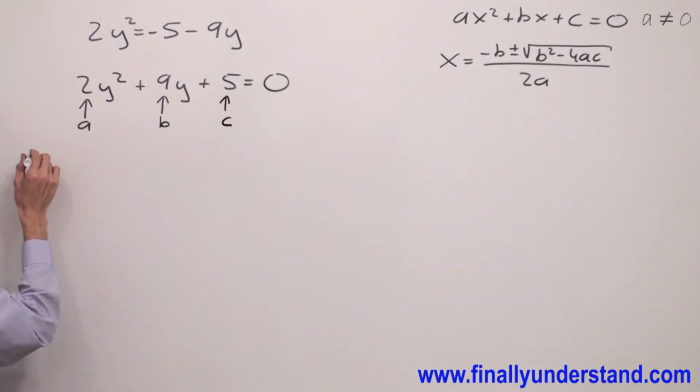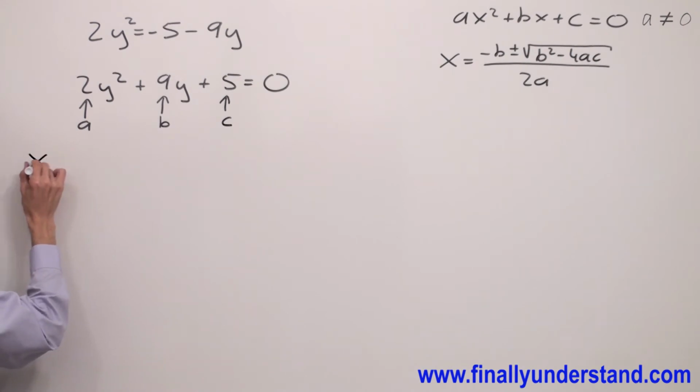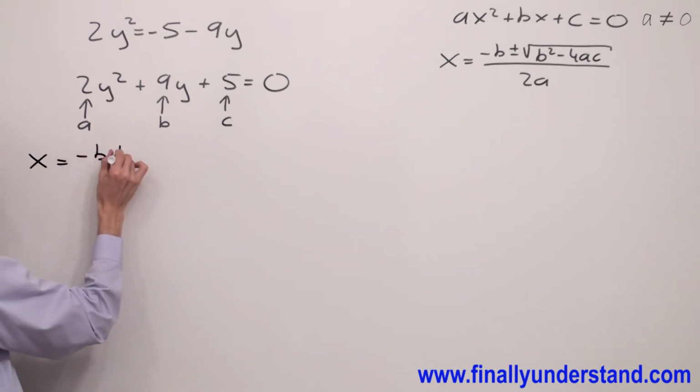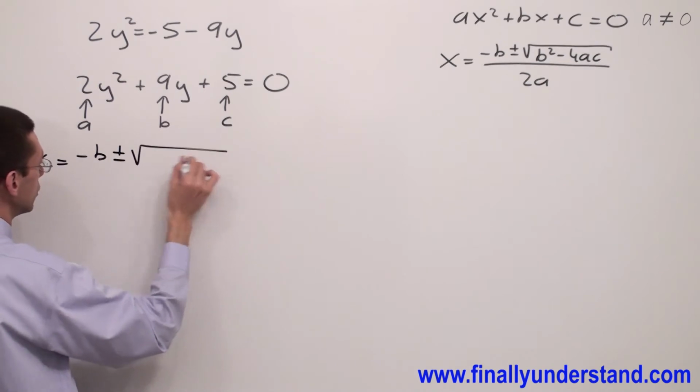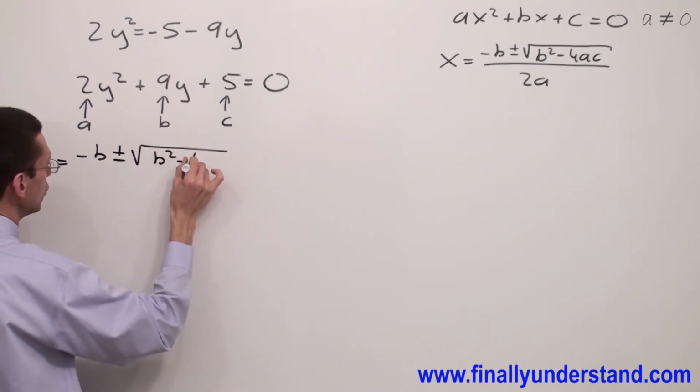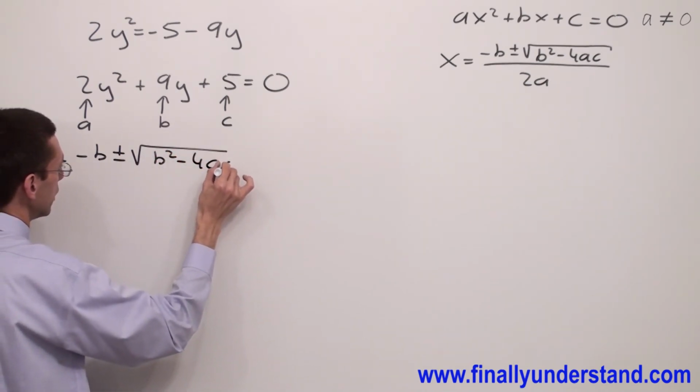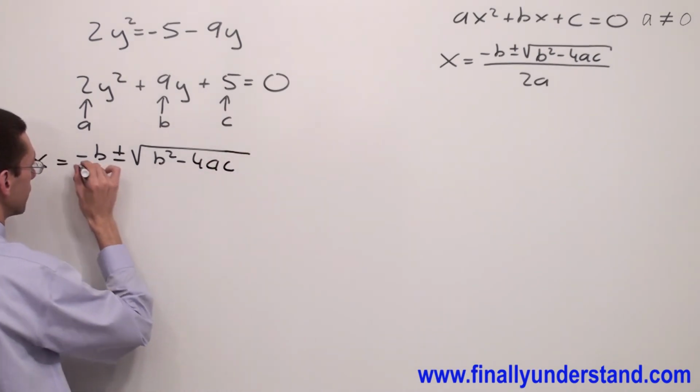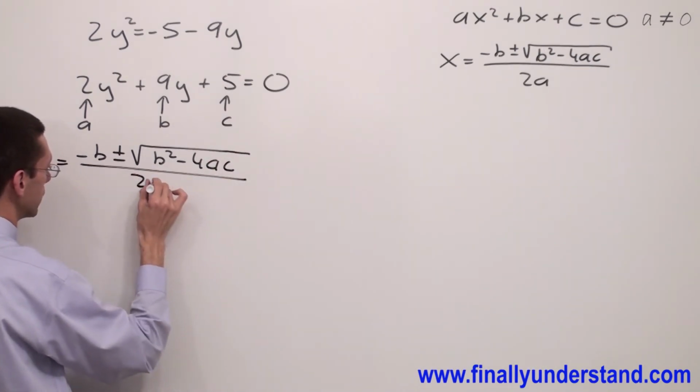Write the quadratic formula. x is equal to minus b plus or minus the square root of b squared minus 4ac, over 2a.